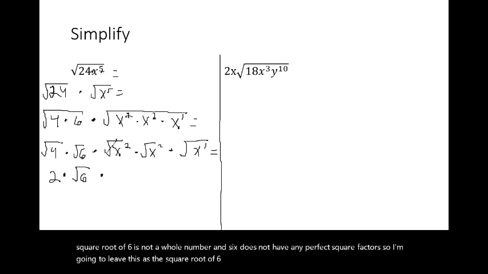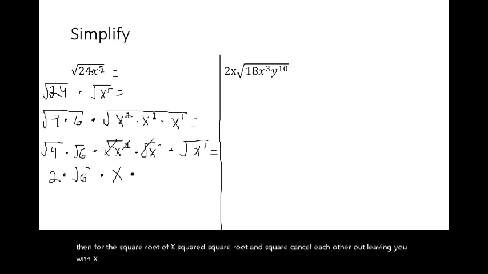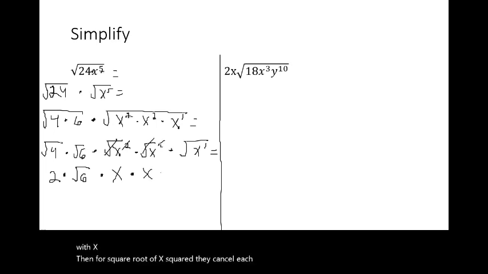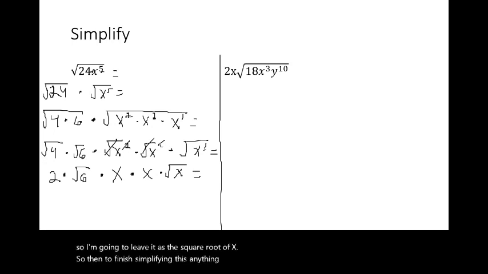Then for the square root of x squared, square root and square cancel each other out, leaving you with x. Then for the other square root of x squared, they cancel each other out, leaving you with x. Then for square root of x to the power 1, since that power is lower than 2, it cannot simplify, so I'm going to leave it as the square root of x. So then to finish simplifying this, anything that is not under a square root, I'm going to multiply together.